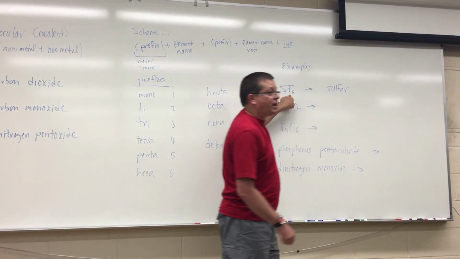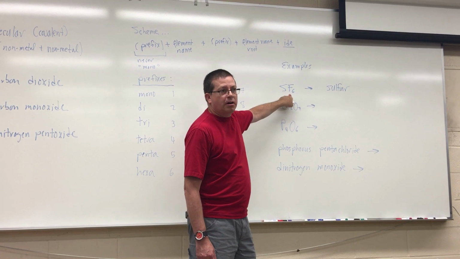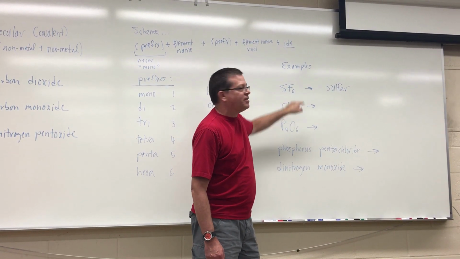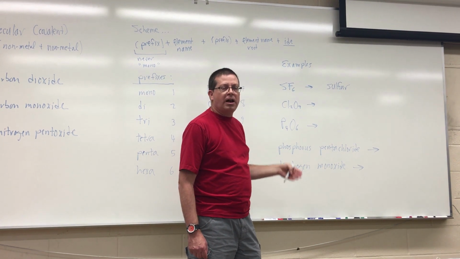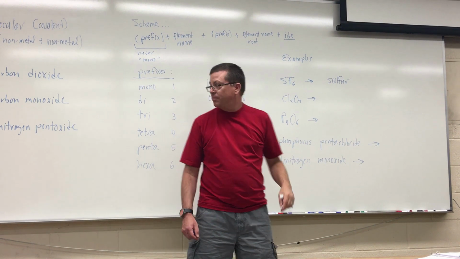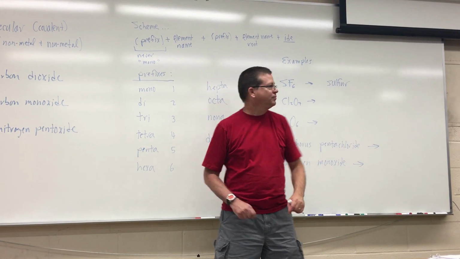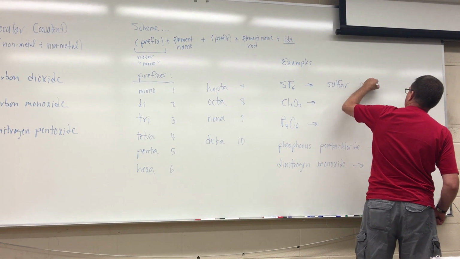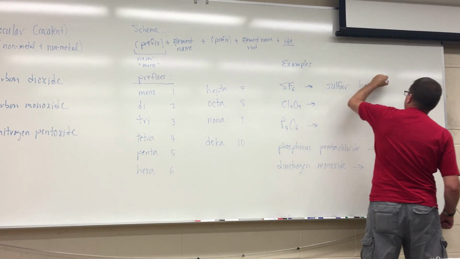And then we have a fluorine here. So we use the root of the fluorine, it becomes fluoride, but now we have 6 of these in front, so we have to use our prefix. So our prefix for 6 is, go back and look, hexa. Watch what happens here. Fluoride.